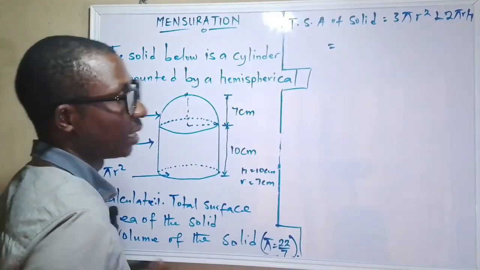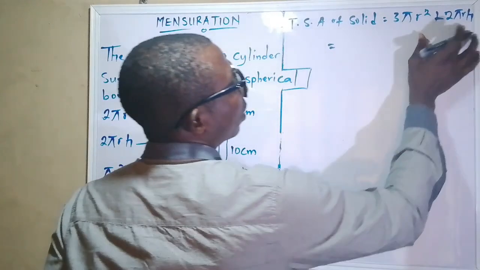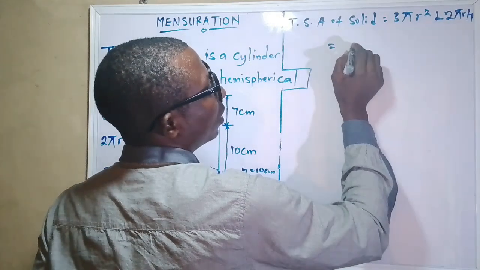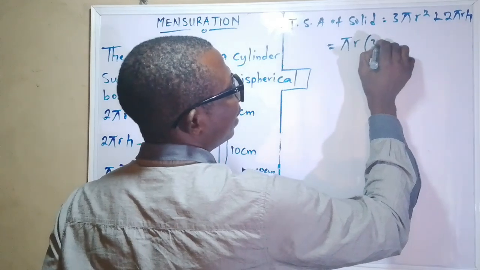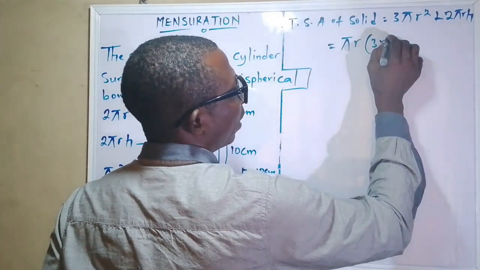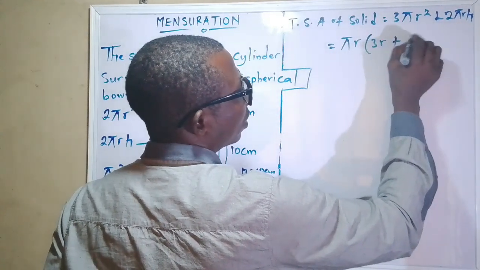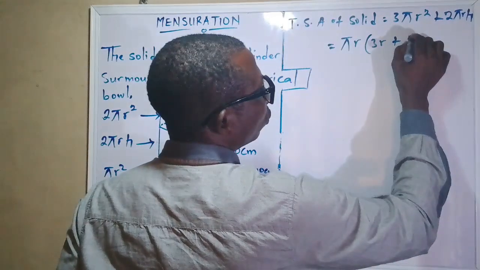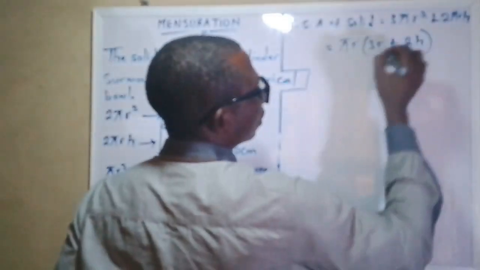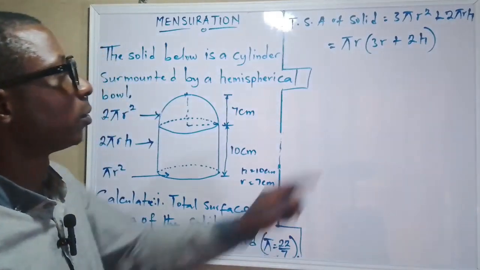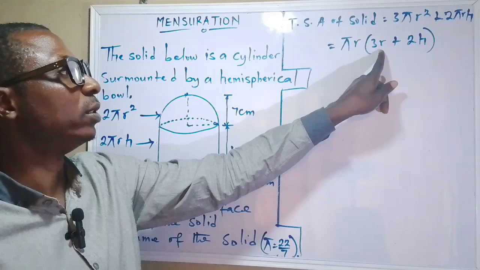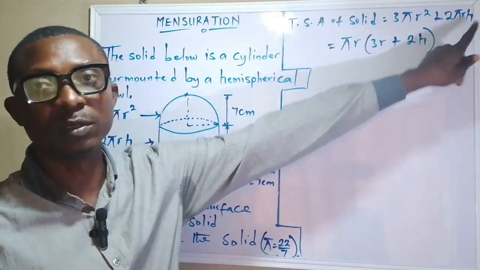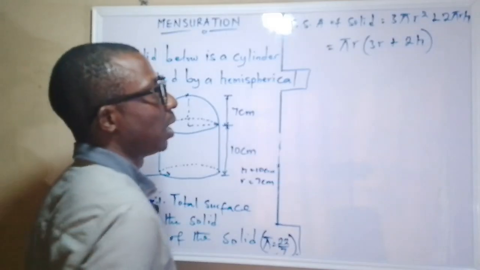So let's substitute inside this formula. Let's first factor out pi r. When we factor out pi r, we are left with 3r plus 2h.